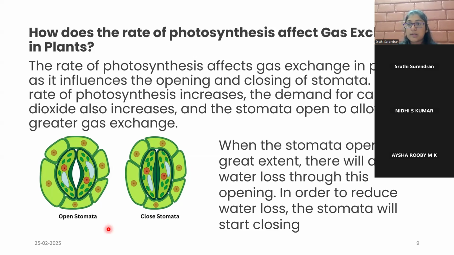So, which process has to be given importance by the stomata is something that is governed by the stomatal conductance. That is, opening and closing of stomata is controlled in such a way that there is a balance between the carbon dioxide entering and water exiting through the same stomata.